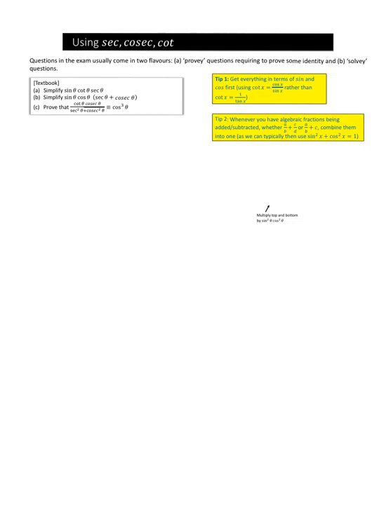The first tip is to make sure when you're proving to get everything in terms of sine and cos, and remember that cot theta equals cos theta over sine theta. If we want to get everything in terms of sine or cos, then we would use this, rather than cot being the reciprocal of tan, so 1 over tan x.